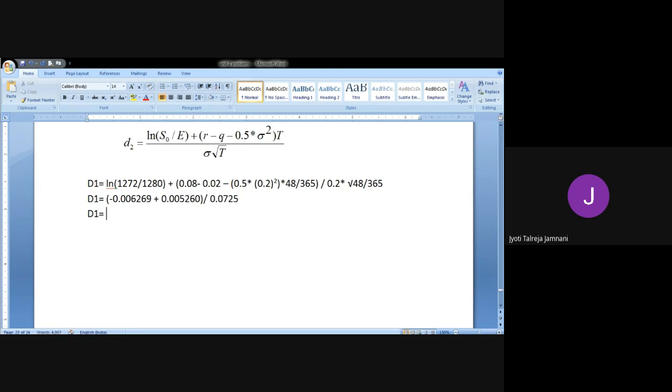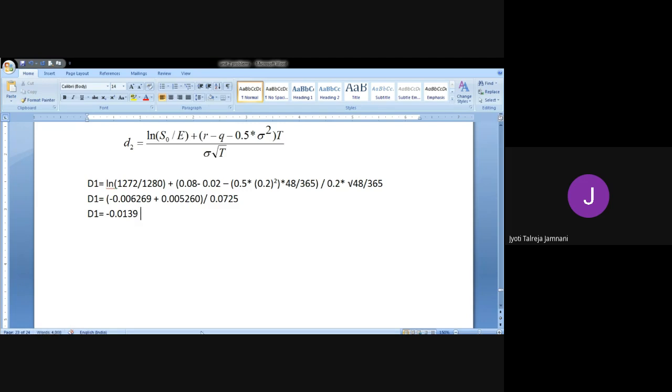So T1 is equal to minus 0.006269 plus 0.005260 divided by 0.0725. You will get minus 0.0139.